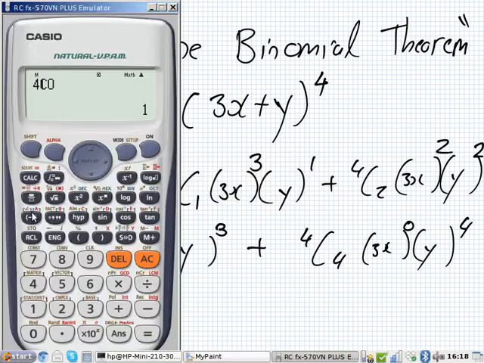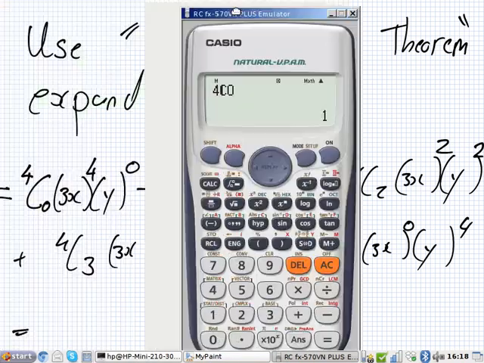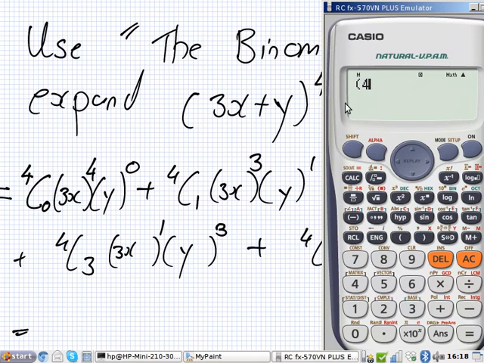So the first one, if we look here carefully, will be 4C0 times 3 power 4 times 1 power 0.